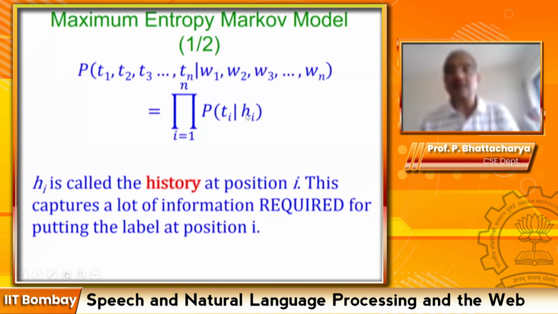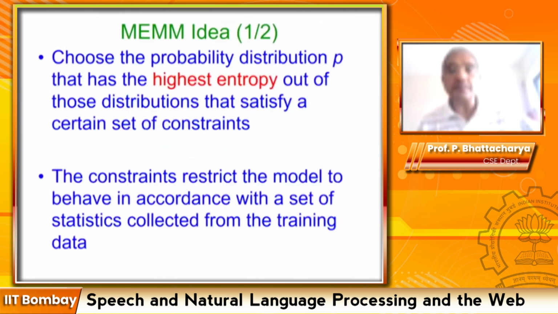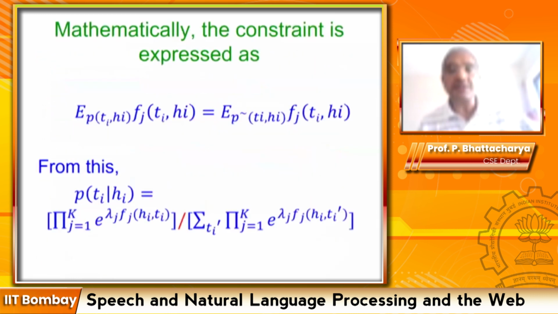That term has stayed from Ratnaparkhi's time, his paper, then later Manning and Toutanova. So this term remained. And then we are interested in finding out this probability. Probability of Ti given Hi is modeled as e to the power of sum of lambda j fj, where fj is the jth feature being considered at the ith position.